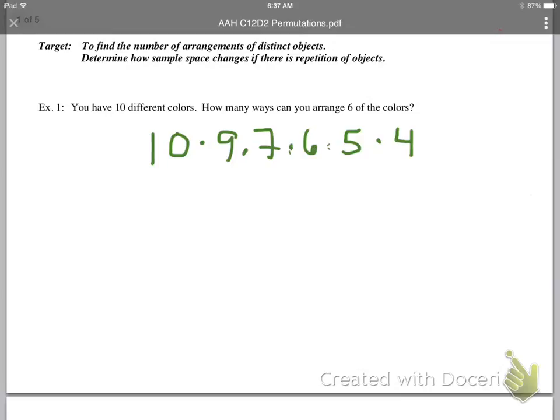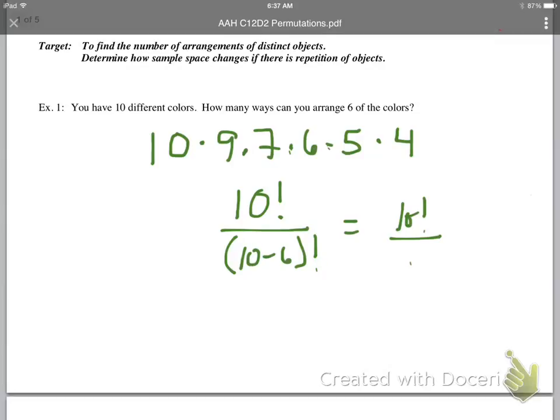Or, and again, I don't use this option, but I wanted to show it to you, you could do 10 factorial divided by 10 minus 6 factorial, which is 10 factorial over 4 factorial, which is equivalent to what we did up here. Okay.